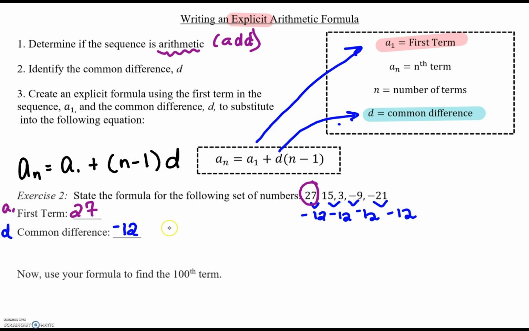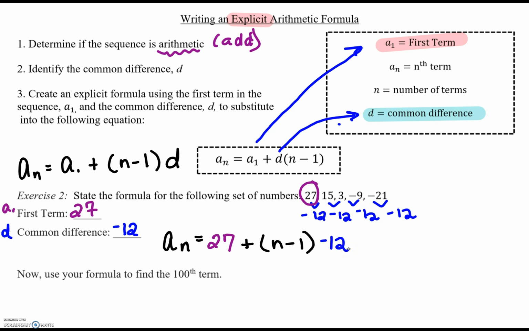So once you have those two terms, you're just going to substitute them into the formula above. So a sub 1, we said, is 27 plus n minus 1 times d, which is -12.